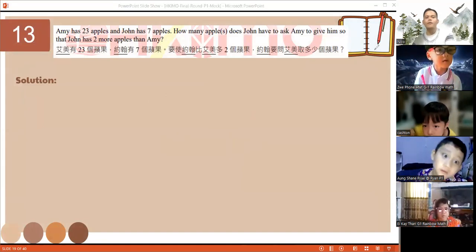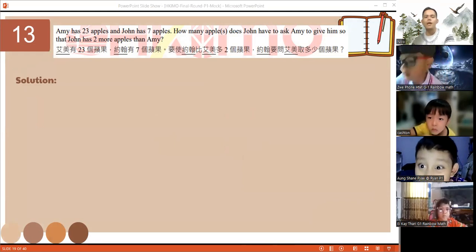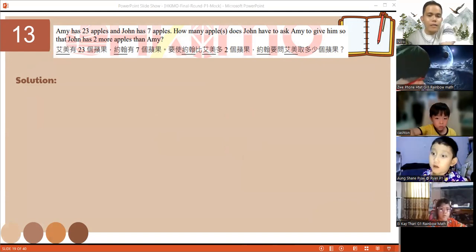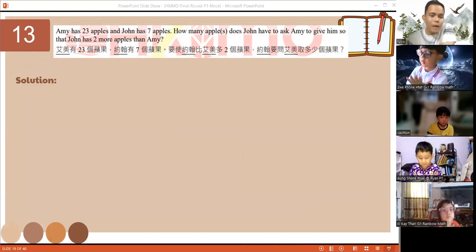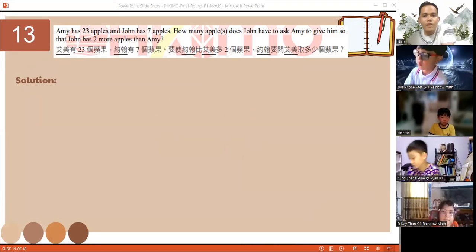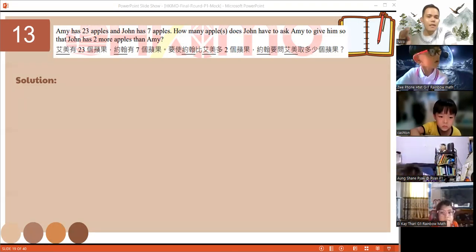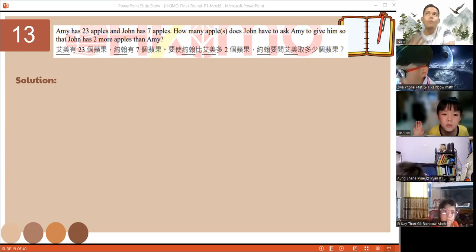Amy has 23 apples and John has 7 apples. How many does John have to ask Amy to give him so that John has 2 more apples than Amy? So what you notice here, there are some conditions, right? John will be asking apples from Amy, so that John will have 2 more apples than Amy.